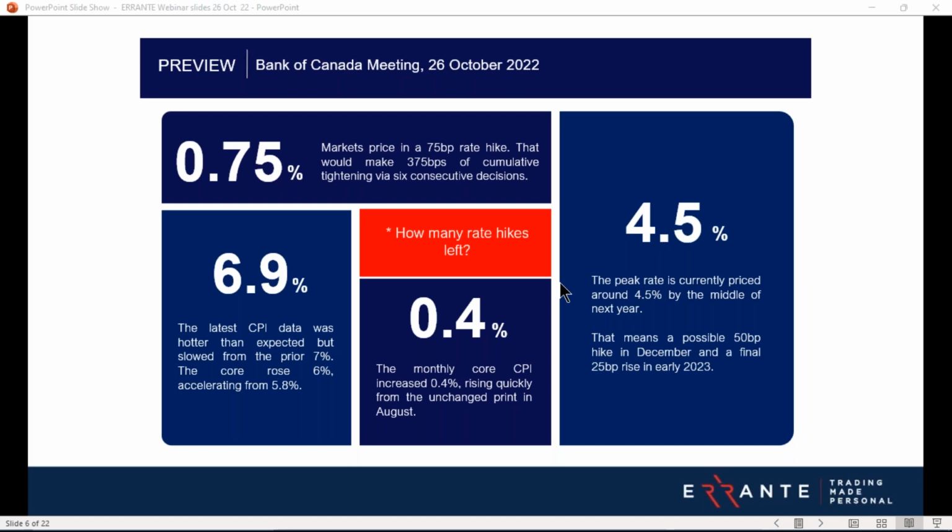But if we do get 75 basis points as the market thinks, that would make 375 basis points of cumulative tightening, via 6 consecutive decisions of rate hikes. And a 75 basis point hike would take rates to 4%.